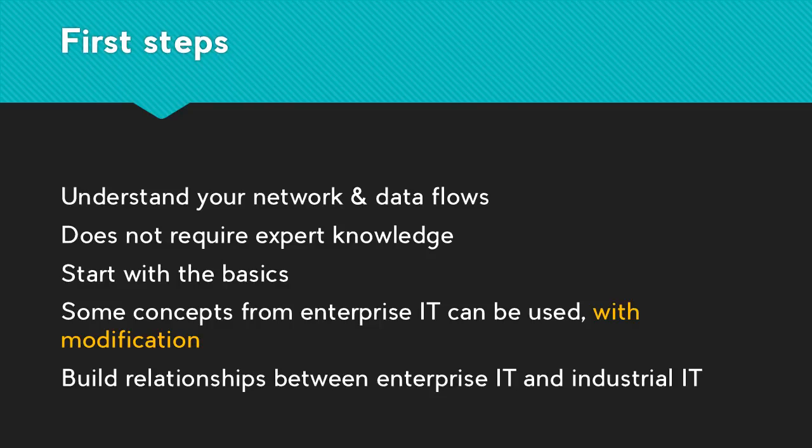A really important thing is to build the relationships between enterprise IT and industrial IT. As the first person to go out and talk to the industrial IT folks, there's going to be a lack of knowledge. Each side is not familiar with what the other side does. And so that can build some tension between the groups when you go out and talk to them.